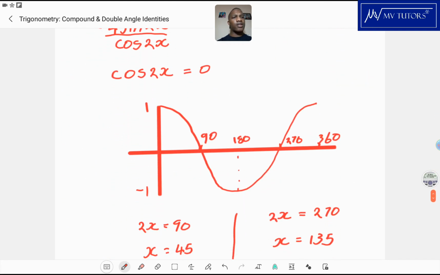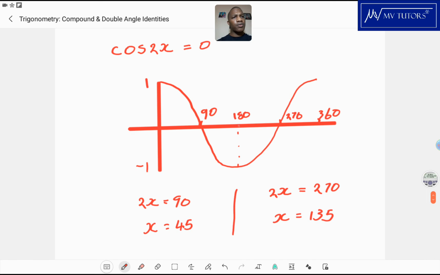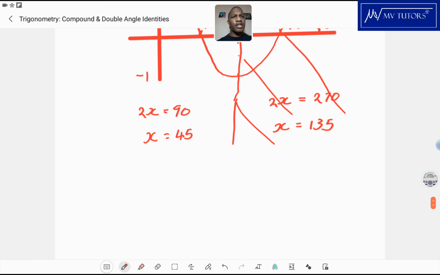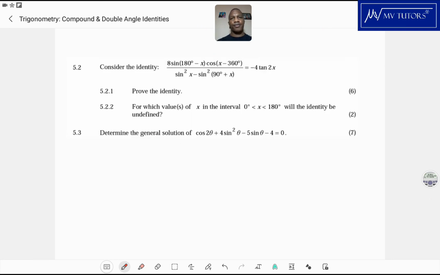So that means at 180 we cut the graph right here. Anything this side, we disregard. So the final answer then is x is 45 degrees.